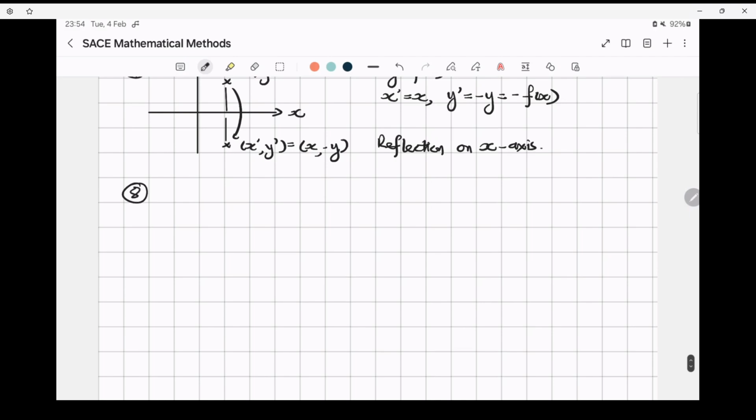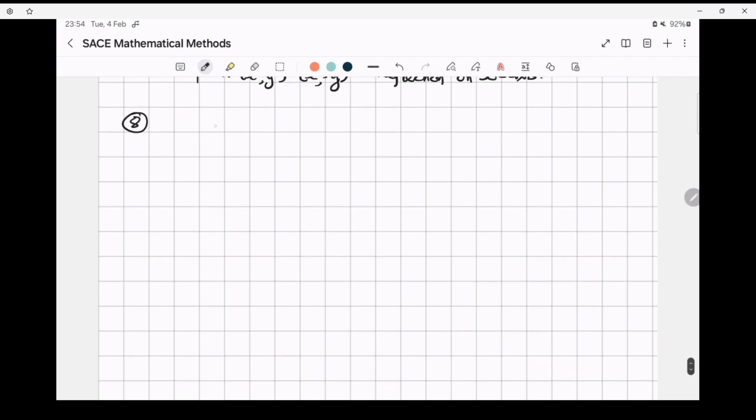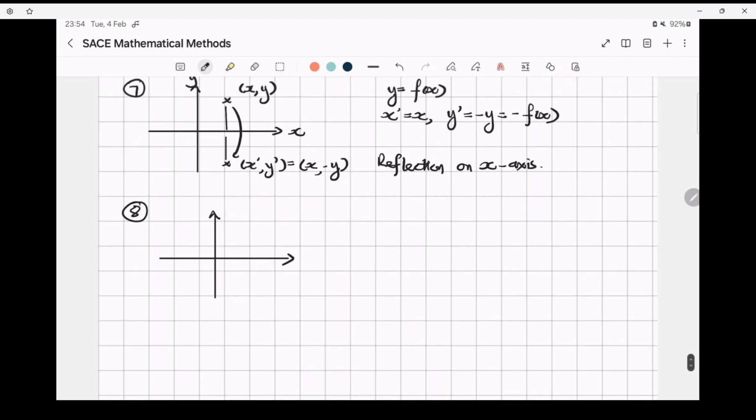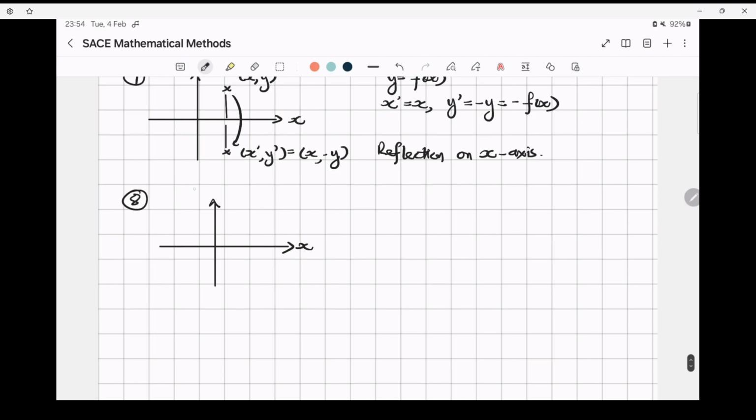So now reflection on your y-axis. So this is your x, this is your y. Let's say originally you have (x, y) over here. So you reflect on your y-axis. So this will be (x prime, y prime).